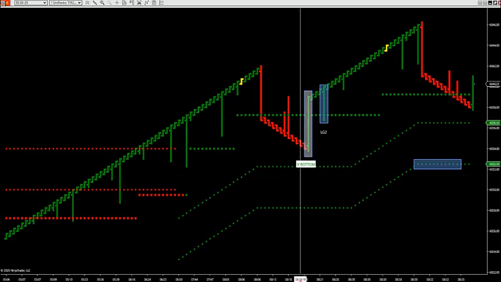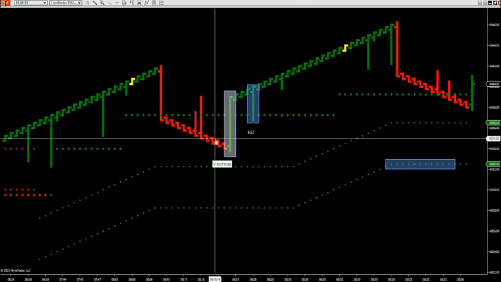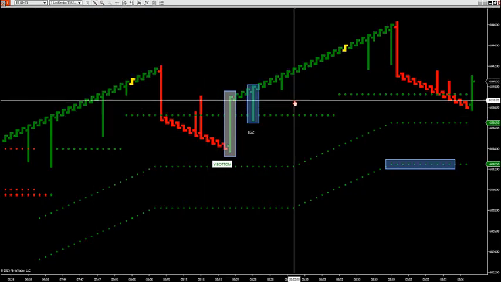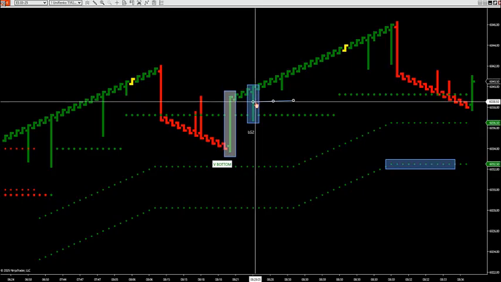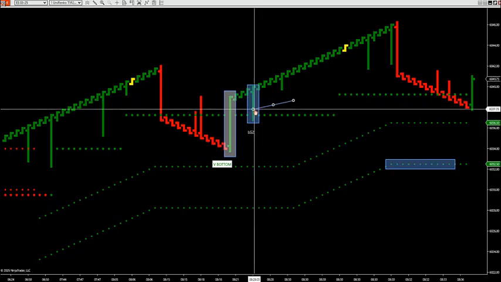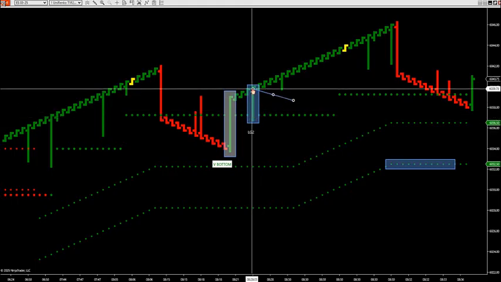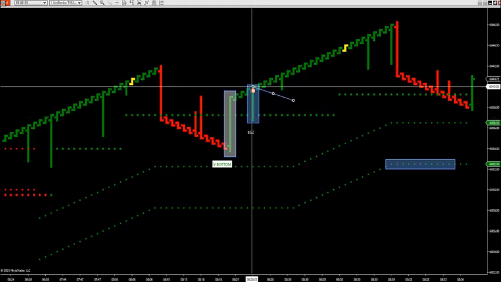We saw it come up. Replay this live video. You start seeing a distortion in price right here where they're grabbing liquidity. The current bar was red at the time at the beginning of this video. I said if it closes back above this high, it's going to get long at 40 to 40 and a quarter. It got long at 40 and a quarter live.